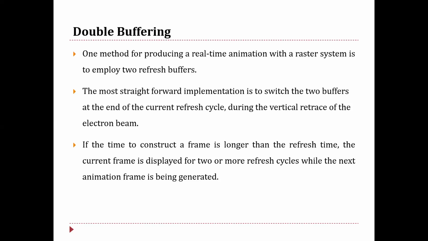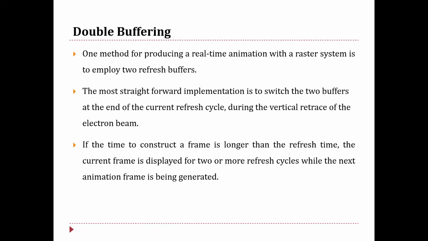Similarly, if the frame construction time is 1/25th of a second, the animation frame rate is reduced to 20 frames. Take note here. If it is 1/60, then the rate is different. And if it is 1/25th, then again the frame rate is reduced to different frames per second, because each frame is displayed here 3 times.